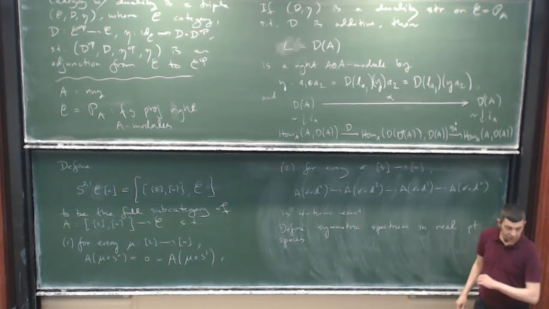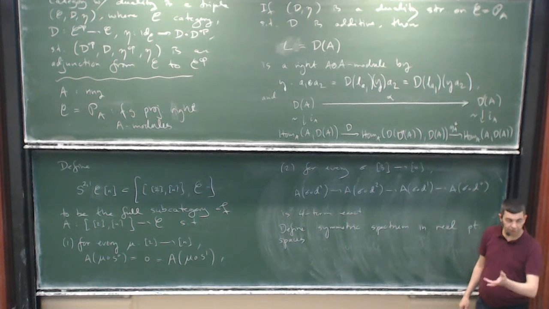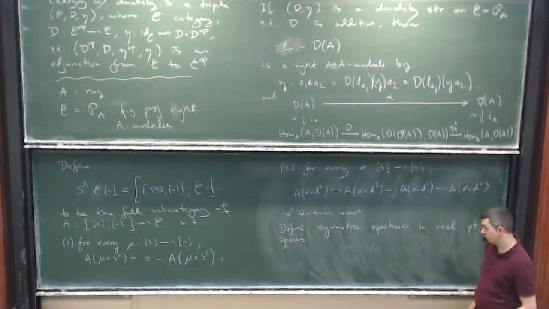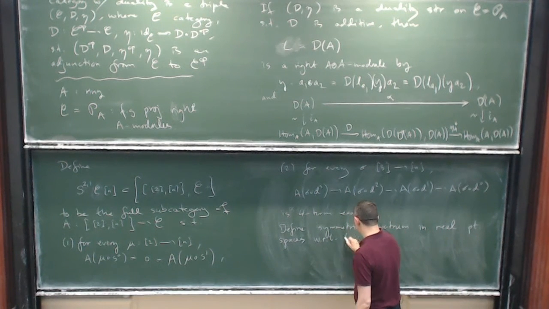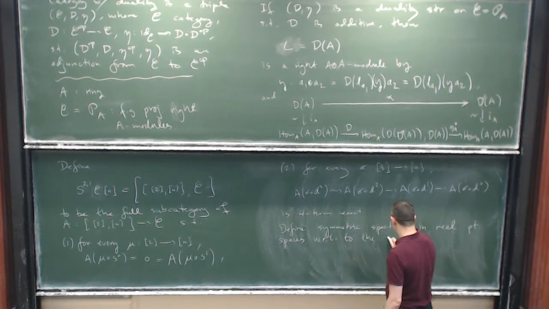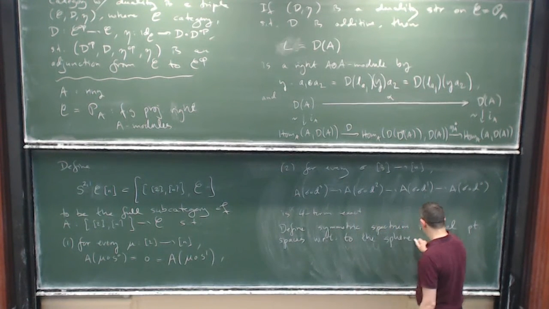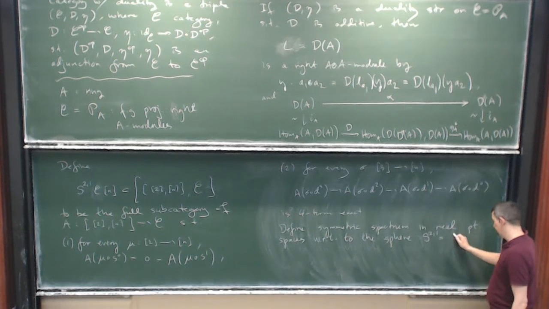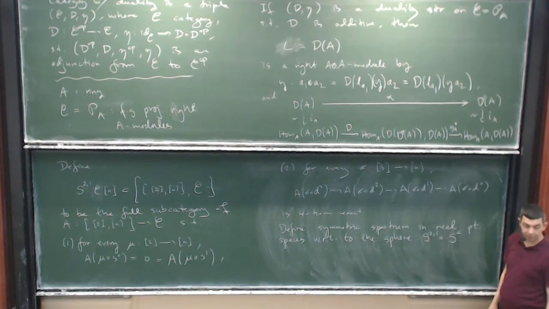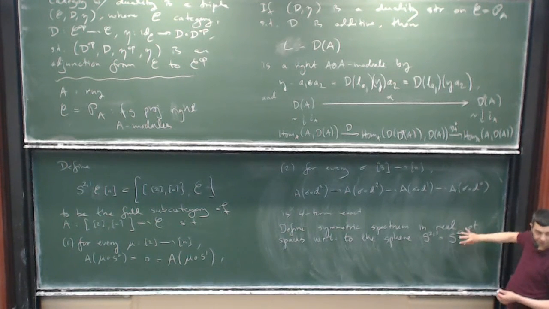By this I just mean a pointed space equipped with an involution with respect to the sphere S^{2,1}, which is the one-point compactification of the complex numbers with the conjugation.